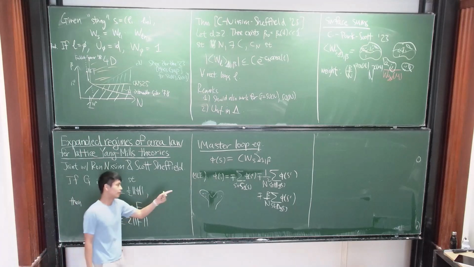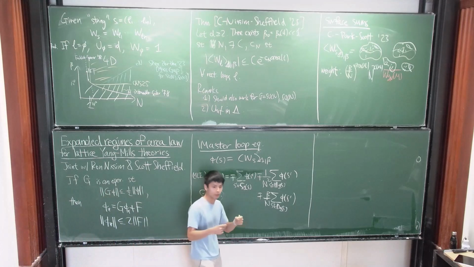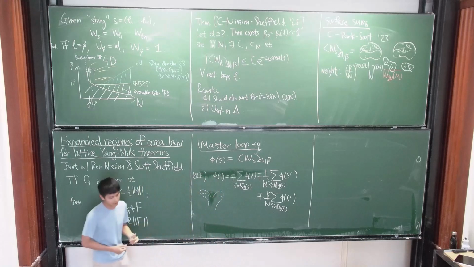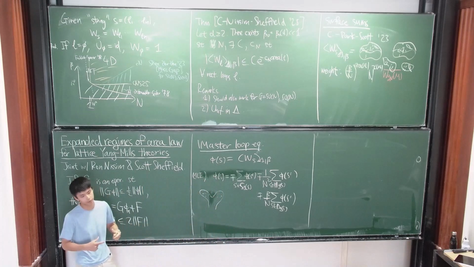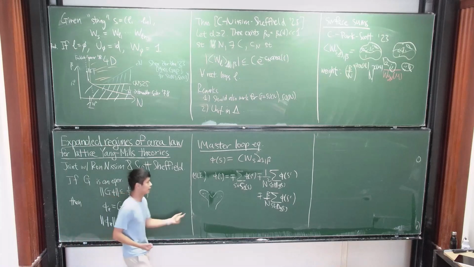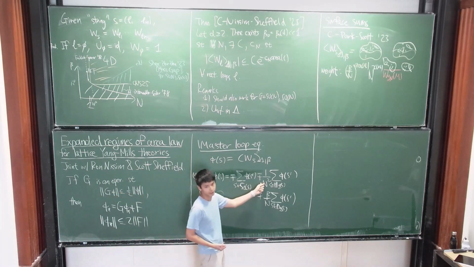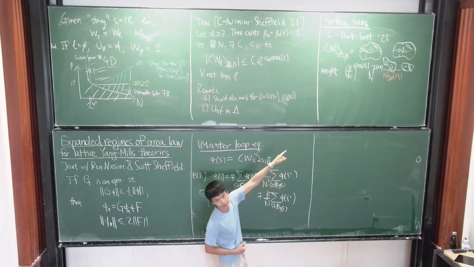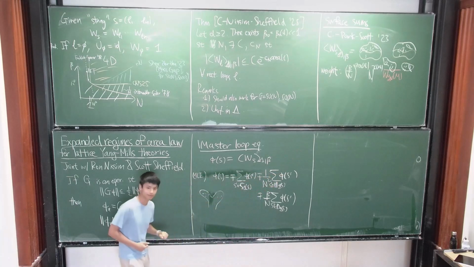A merger term happens when 2 loops become 1. And that's going to happen if you create a handle, basically. So if you're exploring your surface, and at some point you realize you actually made a handle, that's coming out of this merger term. And that is why you have this 1 over n squared in front. Because every time you create a handle, your Euler characteristic decreases by 2. So that's why you must have this 1 over n squared.